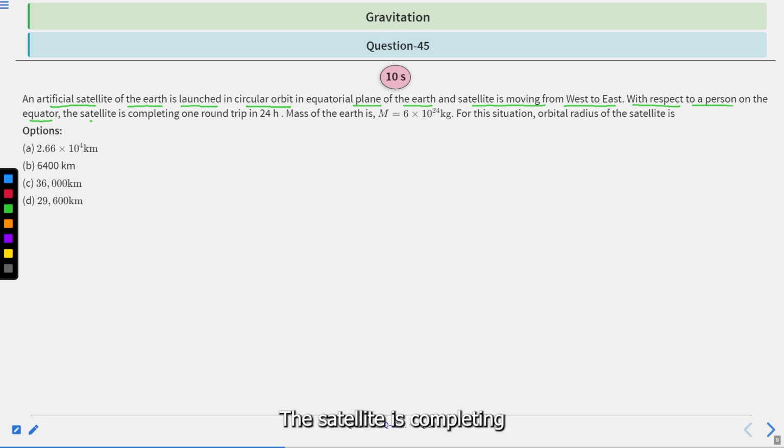The satellite is completing one round trip in 24 hours, and the mass of the earth is M equal to 6 into 10 raised to the power 24 kg. For this situation, what is the orbital radius of this satellite? Here the question asks about the orbital radius of the satellite.